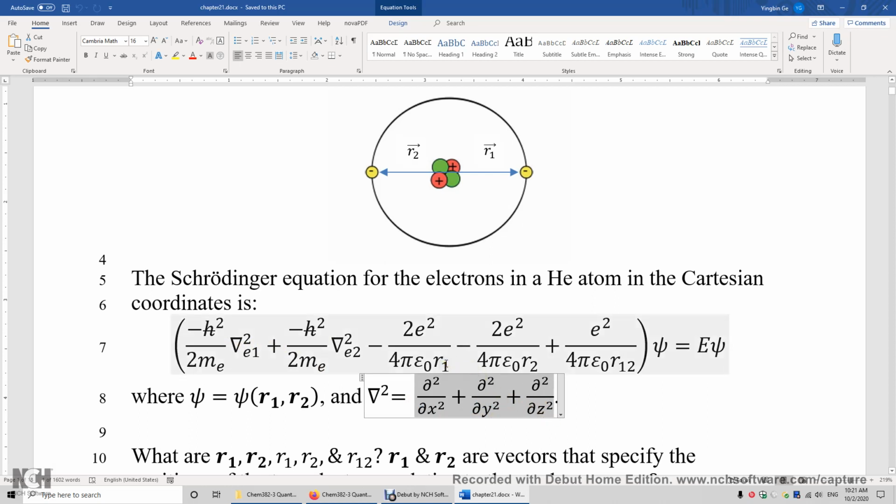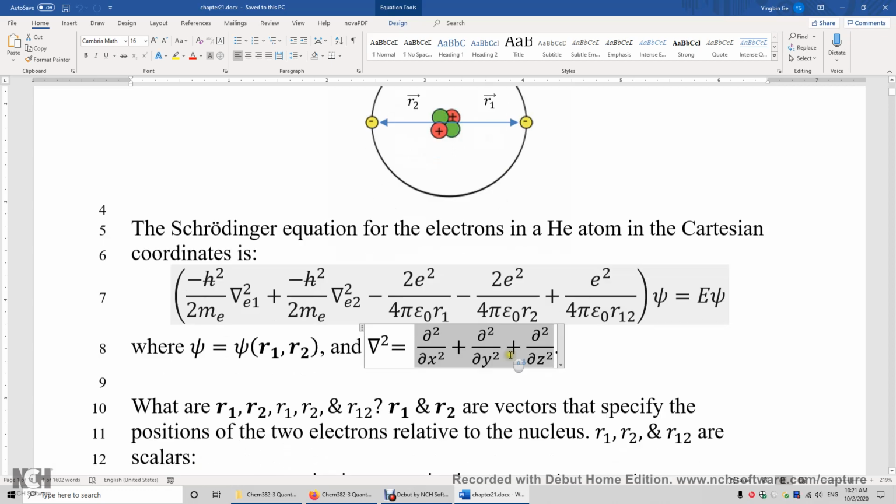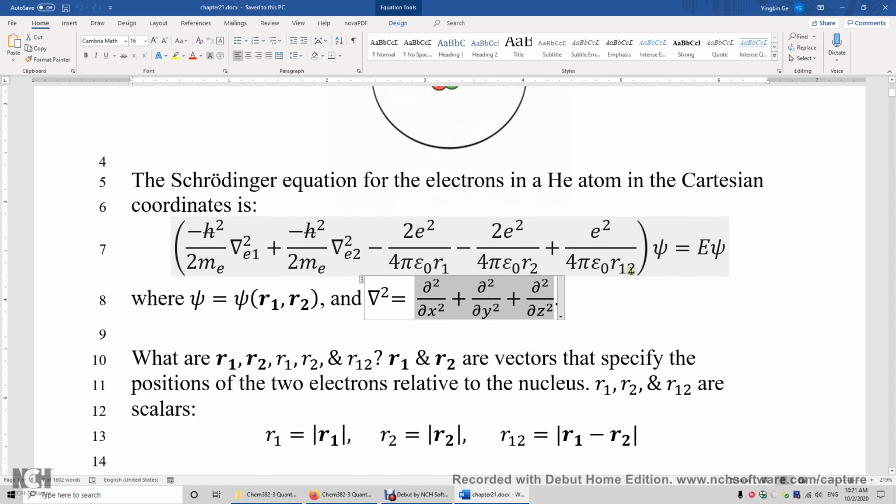Now this r1 is the square root of x1 squared plus y1 squared plus z1 squared. This r2 is the square root of x2 squared plus y2 squared plus z2 squared. What about this r12? This r12 is the magnitude of the difference between these two vectors.